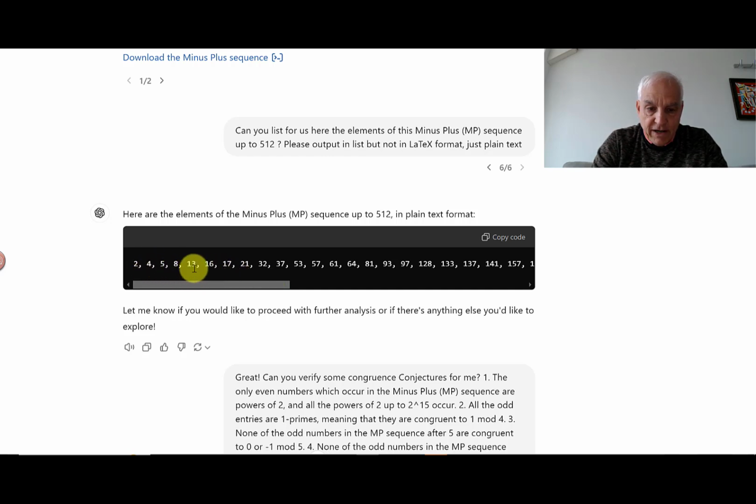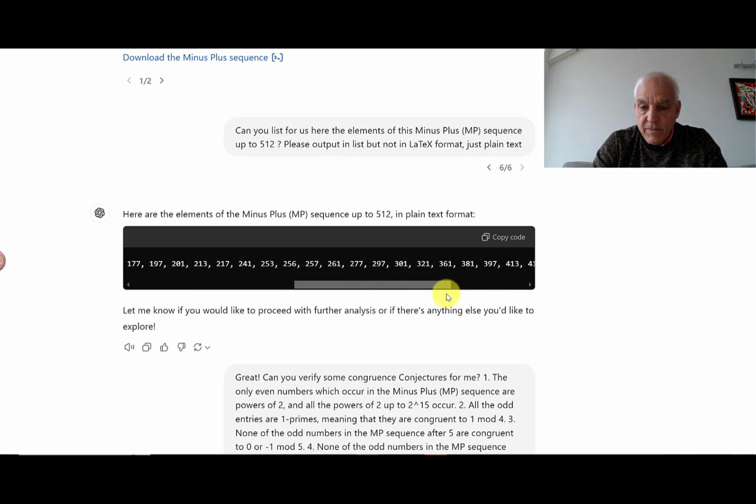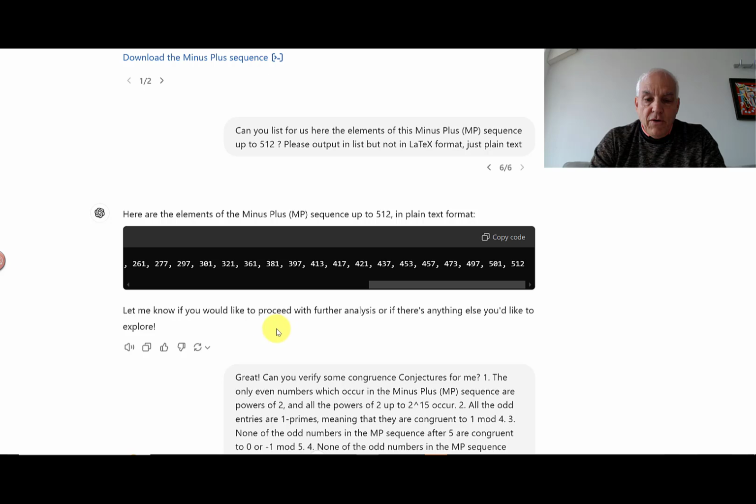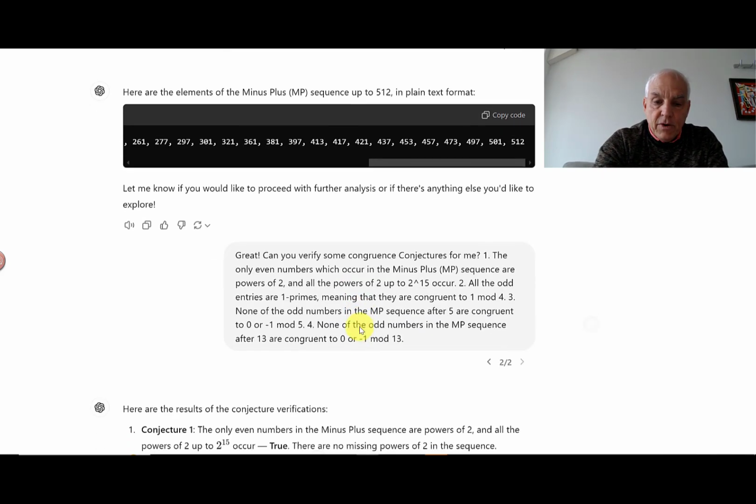So 2, 4, 5, 8, 13, 16, 17, 21, 32, 37, 53, 57, 61, 64, powers of 2, 81, 93, 97. Let me scroll slowly through here so you get a sense of what they look like up to 512. Okay, so let me know if you would like to proceed with further analysis or if there's anything else you'd like to explore. I say, great.